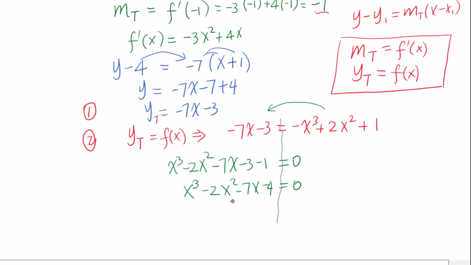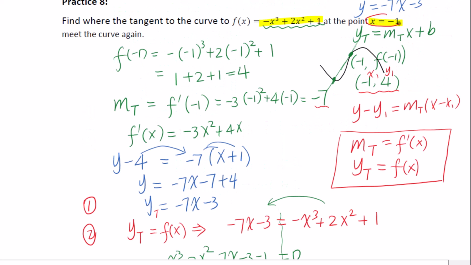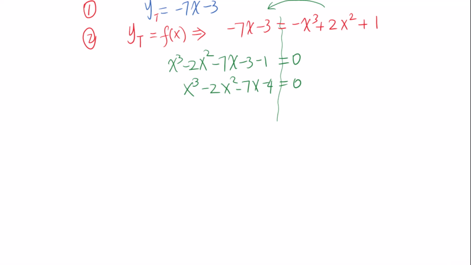So we need to use synthetic division. X equals -1 is a solution to this cubic equation because the tangent line and the curve meet at x equals -1. So let's use synthetic division.